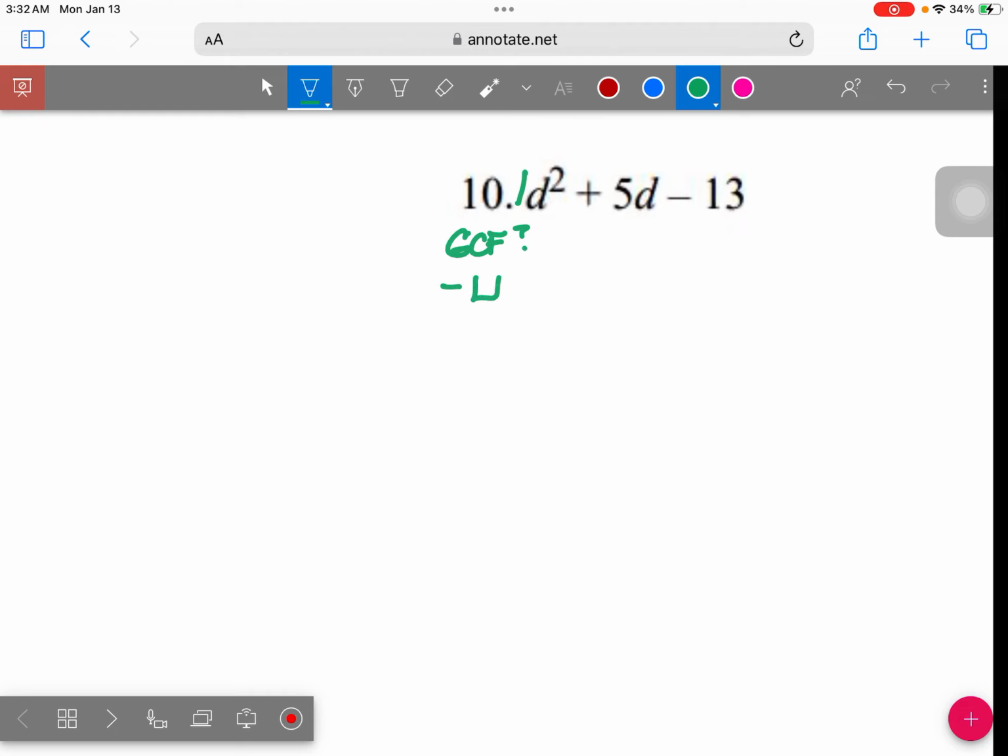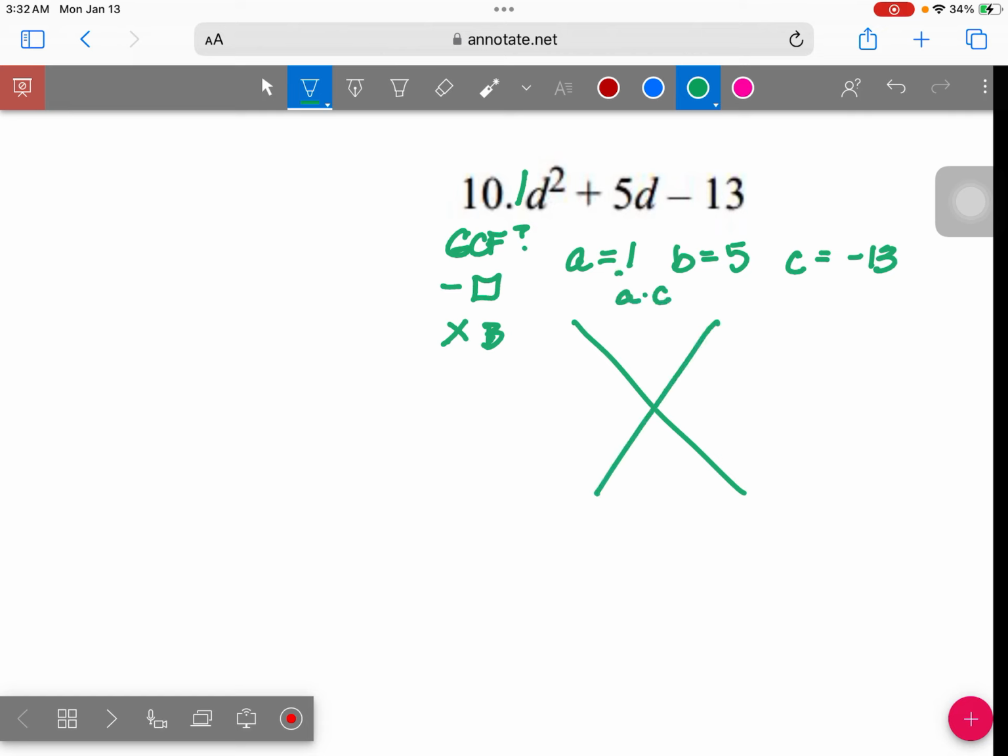No difference of squares, and so we go right to X box. A is equal to 1, B is equal to 5, and C is equal to negative 13. So in my X, I have a times c, which is 1 times negative 13, and b, which is 5.